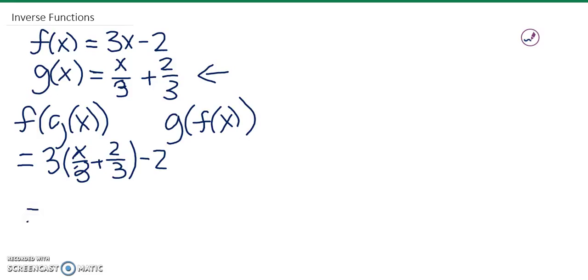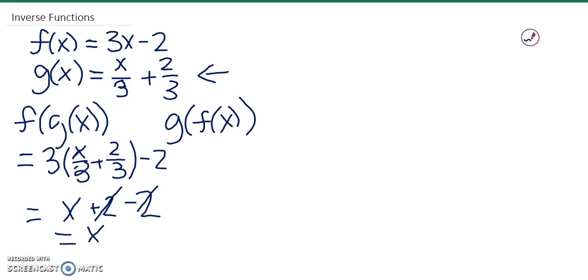Distributing this 3, we have x plus 2 minus 2. Our 2's will cancel out, and we'll be left with x.